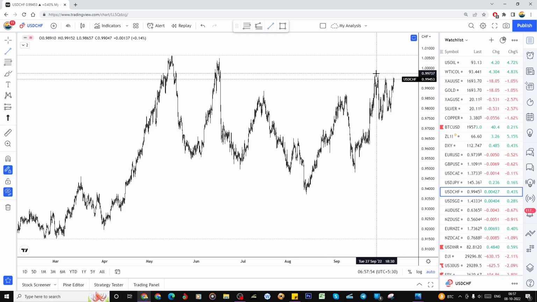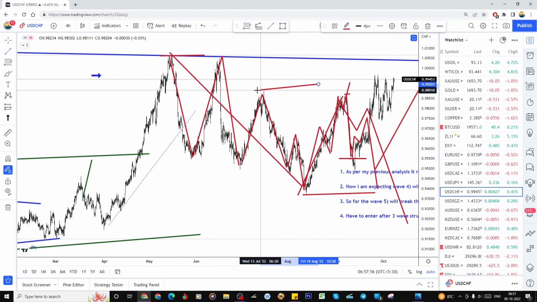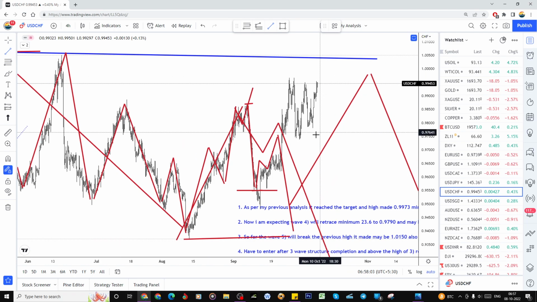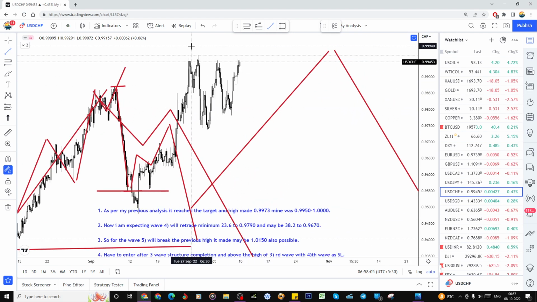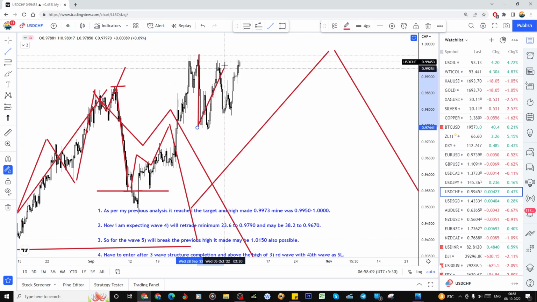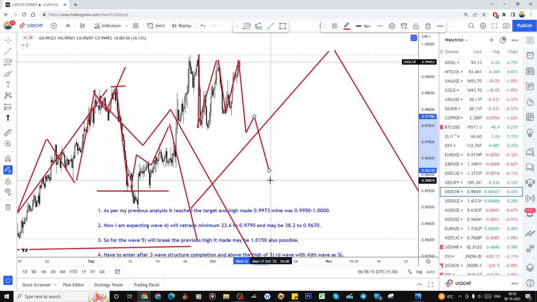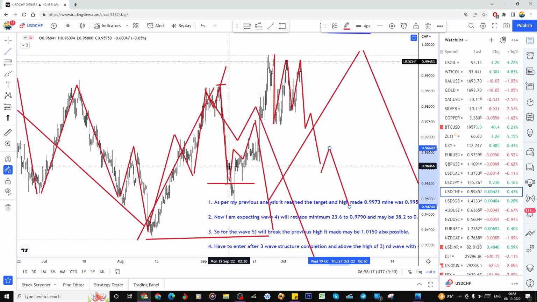So one three-wave structure, here's a three-wave structure. So I'm expecting that flat correction pattern here, and here it looks like an impulsive correction, and again one impulsive, and again I am looking for the correction part like this.